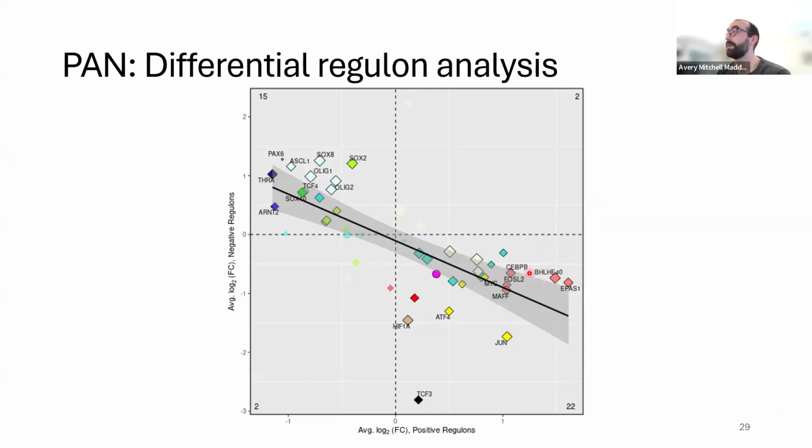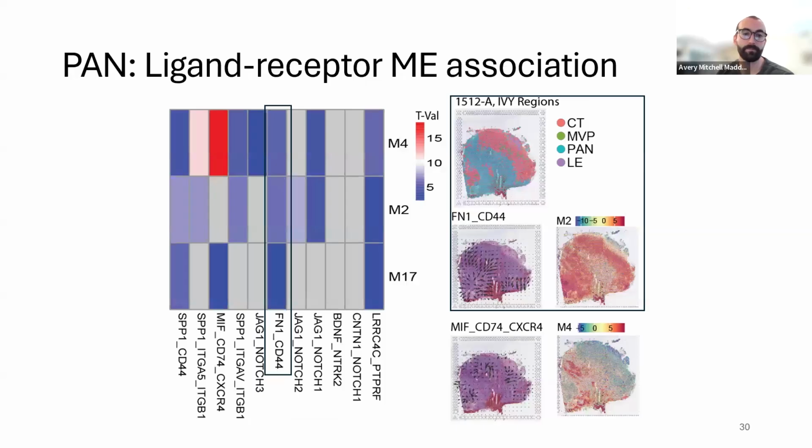And here we identify this FN1 CD44 signaling, and from the cell type specific interactions and literature review of this interaction in glioblastoma, we can hypothesize, based on its association with module 2, that this could be driving MES-like tumor state induction, specifically in the PAN region, through macrophage tumor signaling.